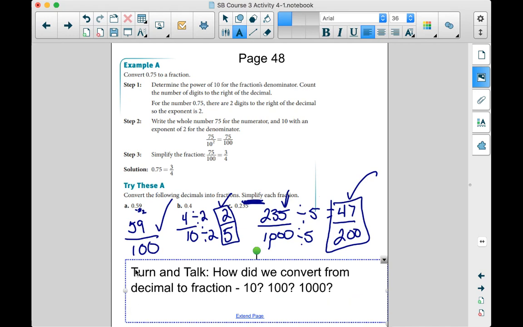Then, if you want a challenge, explain how to simplify. Otherwise, don't worry about that just now. Really focus on the first one. Go ahead and pause and talk to your partner about those two prompts, and then when you're ready, push play.